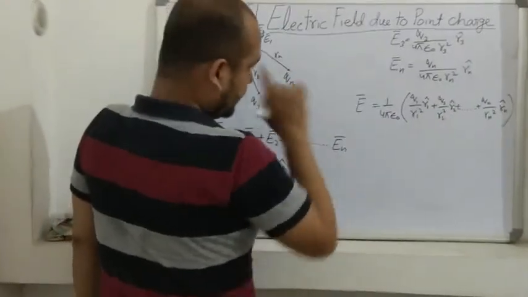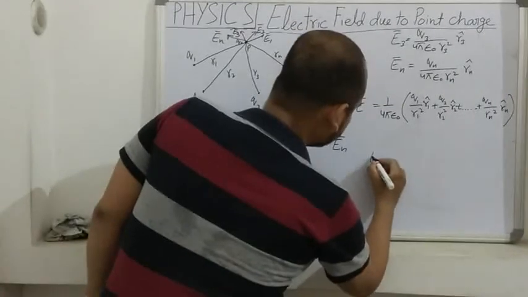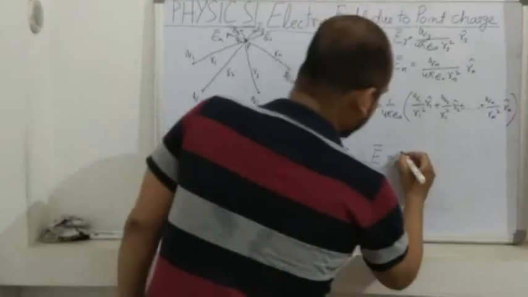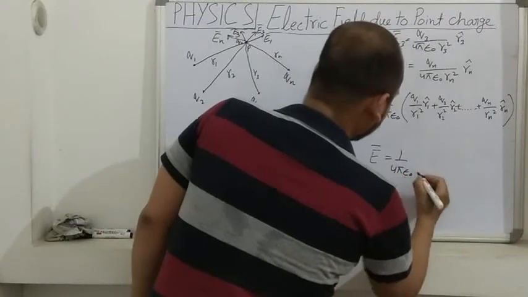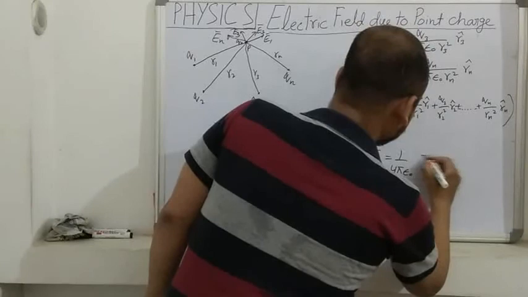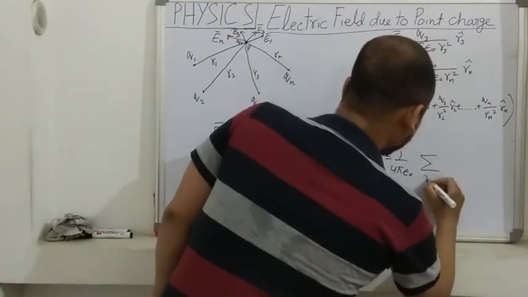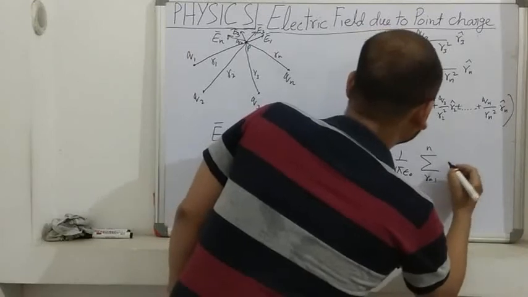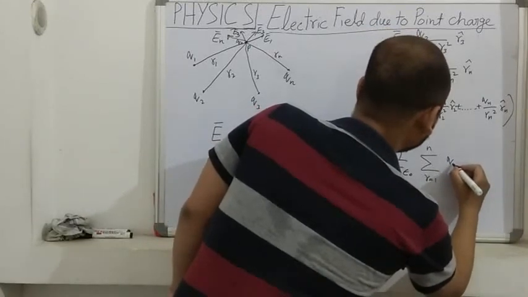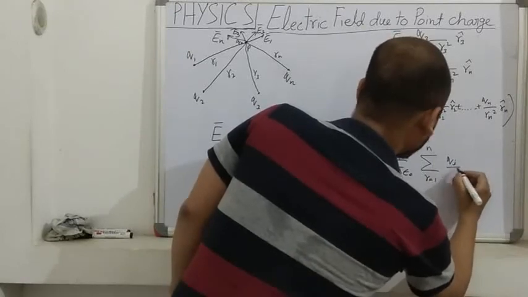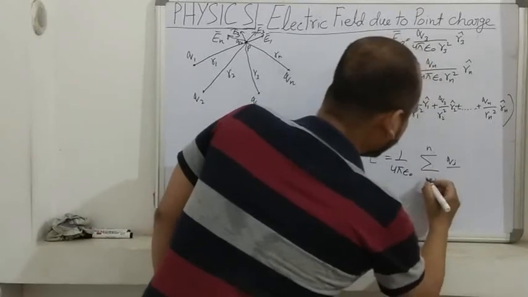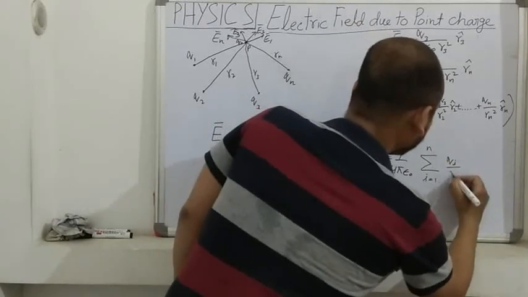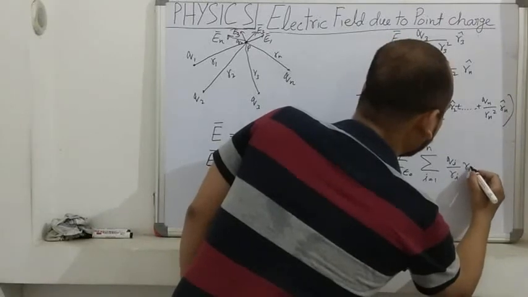This can be further simplified and it can be written as E equal to 1 upon 4 pi epsilon naught, summation i equal to 1 to n, qi upon ri square ri cap.